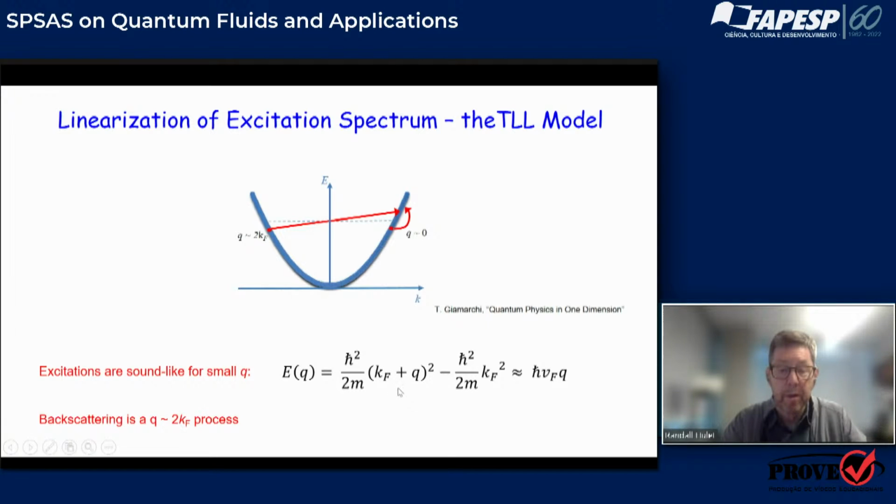You can see for yourself that if Q is small compared to kF, the dispersion relation is approximately equal to ħ vF Q, where vF is the Fermi velocity.